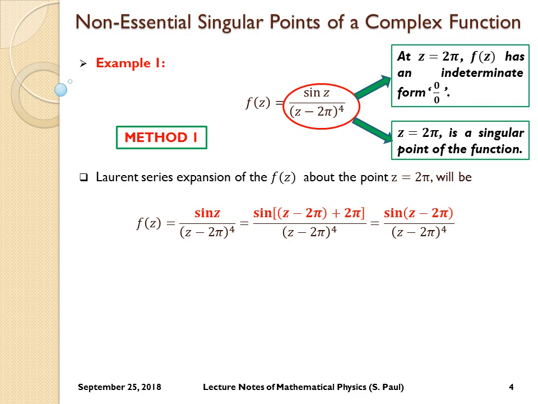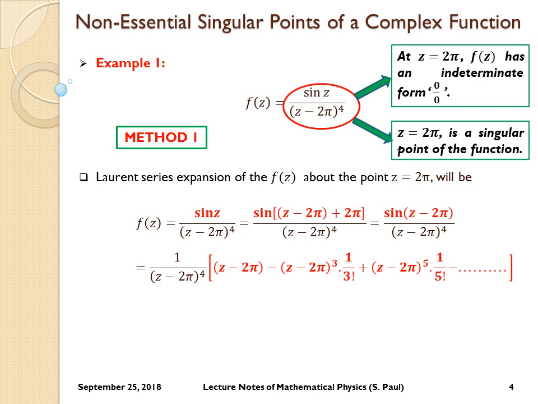So next we will use the standard expansion of sine theta, that is theta minus theta cube by 3 factorial plus theta to the power 5 by 5 factorial and so on, and have written sine (z minus 2 pi) as (z minus 2 pi) minus (z minus 2 pi) whole cube into 1 by 3 factorial plus (z minus 2 pi) to the power 5 into 1 by 5 factorial and so on.